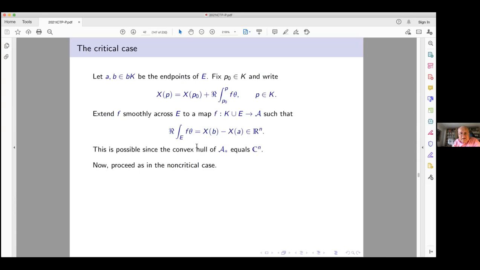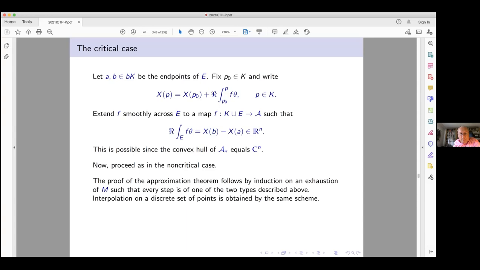Of course, I still have to play the same game as I explained last time, that I don't approximate just the single f, but I make a spray and then approximate the spray. And within the spray, I find a good parameter value for which the periods on the previous curves are zero, and this condition is also kept. Okay, so these are just technicalities, but the idea is pretty clear.